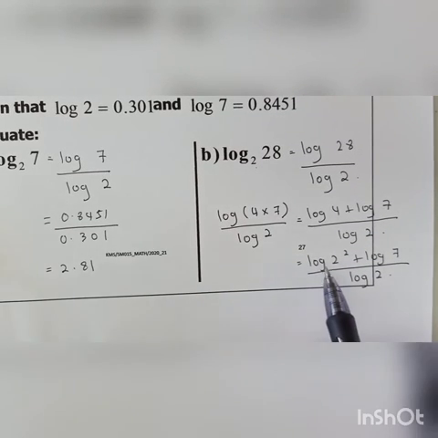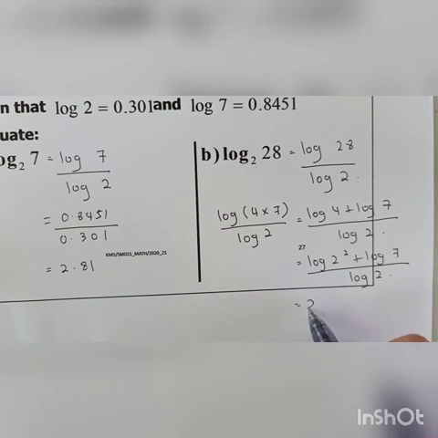Here we use law of log number 3, so 2 log 2 plus log 7 over log 2.